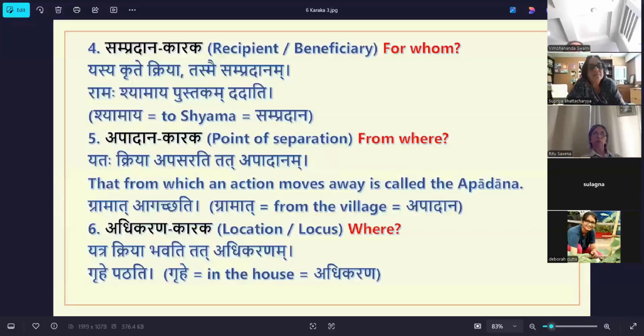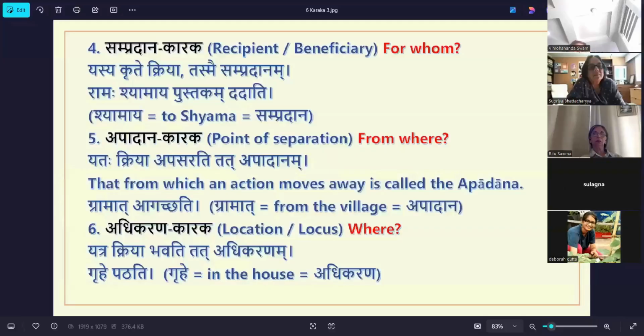Yata kriya apasarati tat apadanam. That from which an action moves away is called the apadana. And this apadana will take panchami vibhakti or the fifth case ending.